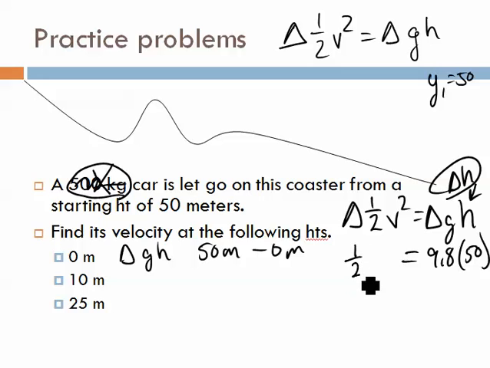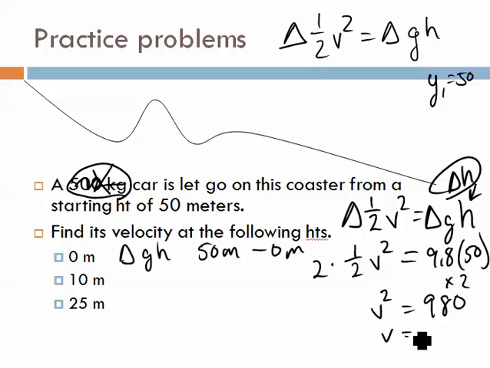And then over here, we're going to solve for the velocity. I have 1/2 velocity squared. Well, multiply by 2. And we get the velocity squared is equal to, let's get the calculator out real quick, 980.